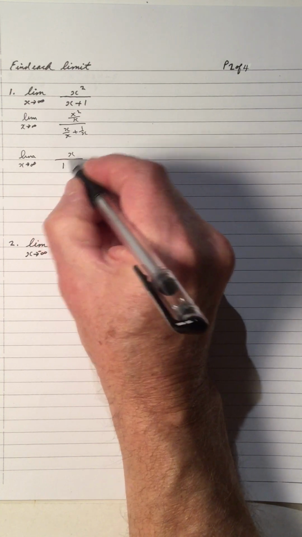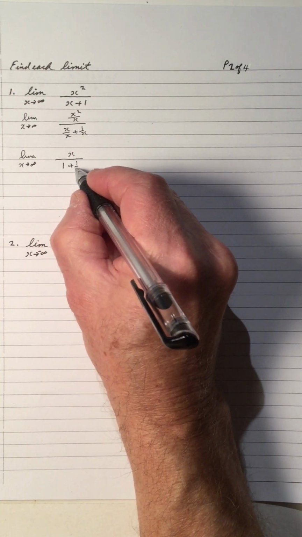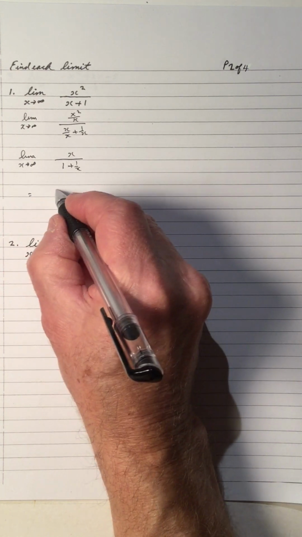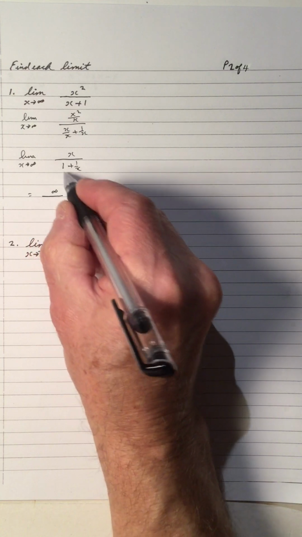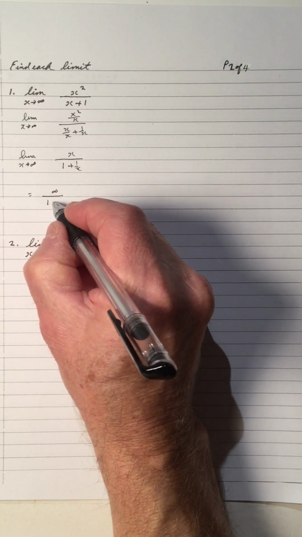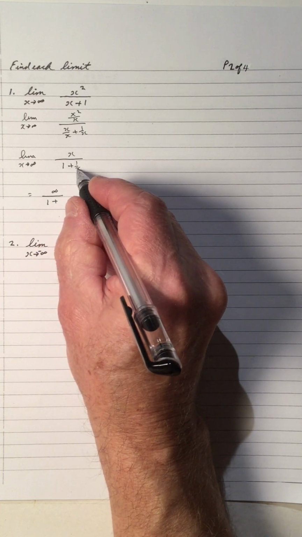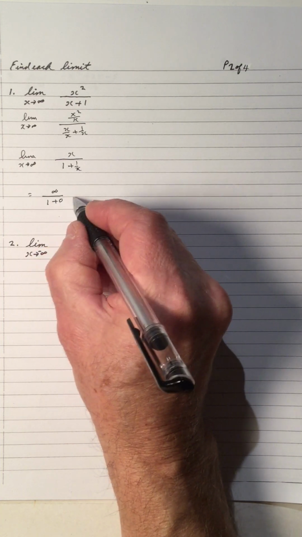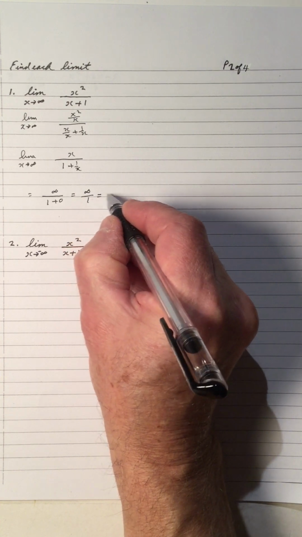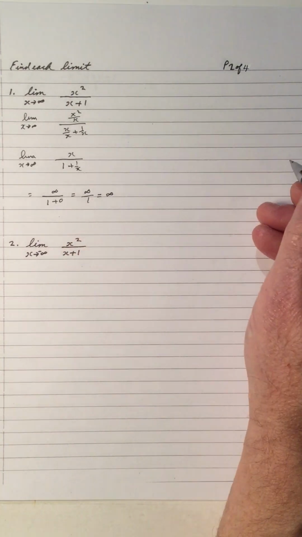X divided by x is 1, plus 1 over x. So as x goes to infinity, we get infinity, and the constant is 1, and 1 over x as x goes to infinity becomes 0. So that gives us infinity over 1, which is infinity.